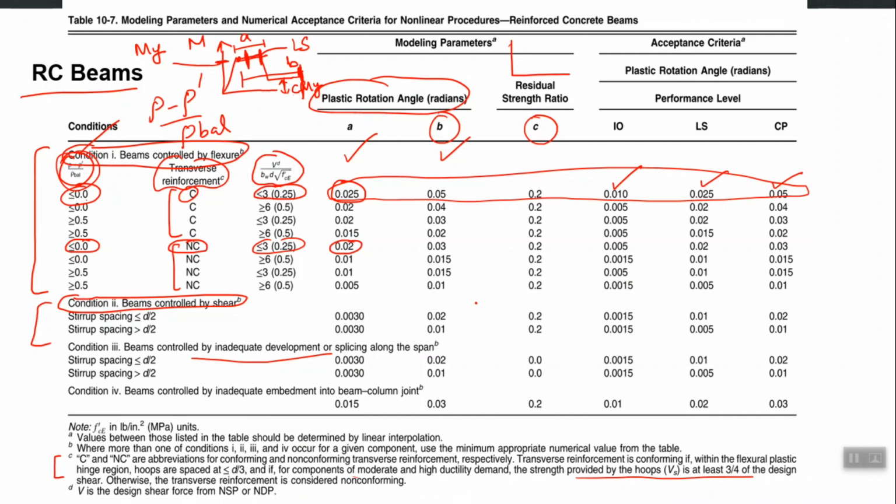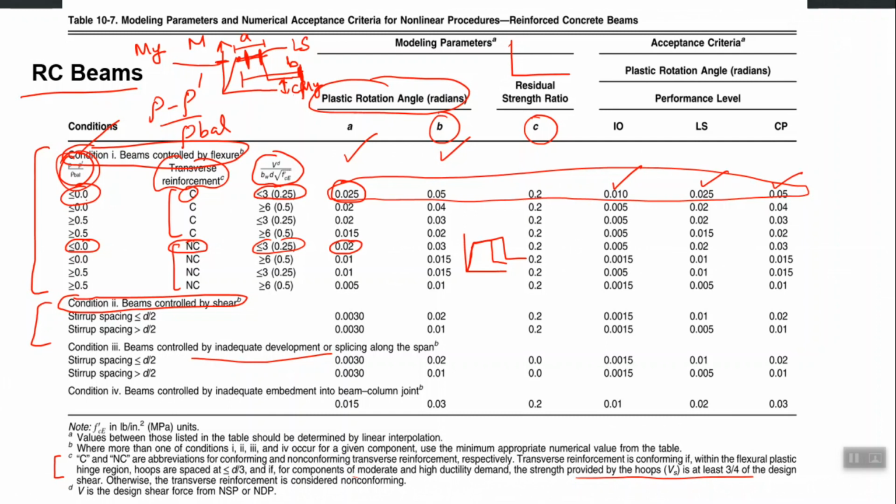So, which means that for a conforming beam the behavior may be like this, but for a non-conforming beam the behavior may be like this, right. So, small a, small b is less for non-conforming. Same is the case for IO, LS, CP values, they may be less compared to the conforming beams, right.